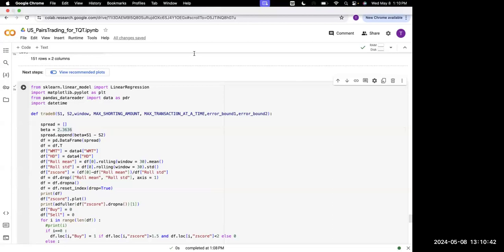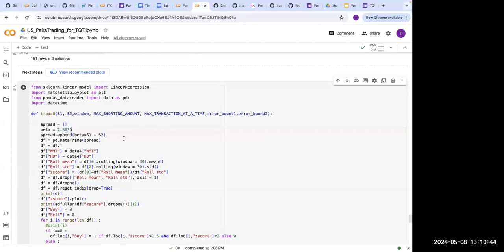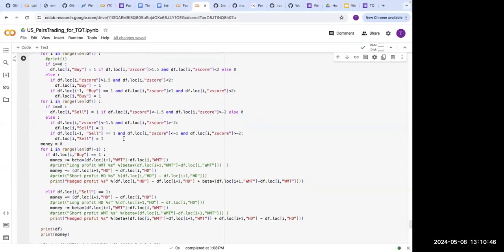Any confusion in the existing code? Again, just to reiterate, these else if conditions are just for buying and selling. When you would buy, you would check if the z-score is greater than 1.5 and less than 2, and you would make the buy signal equal to 1.